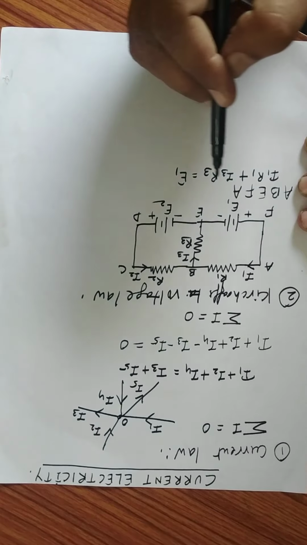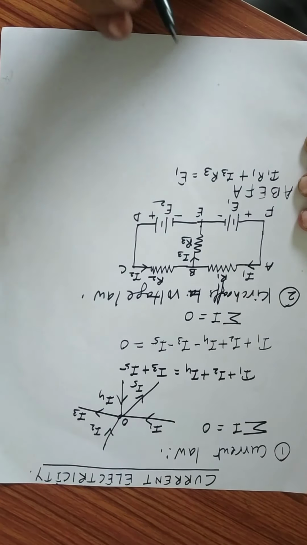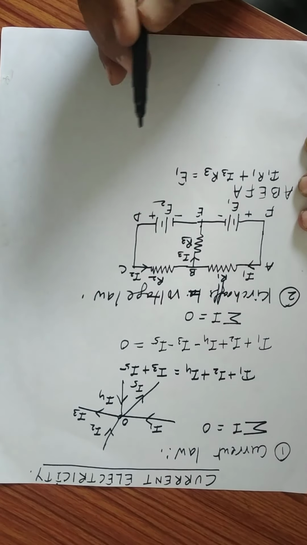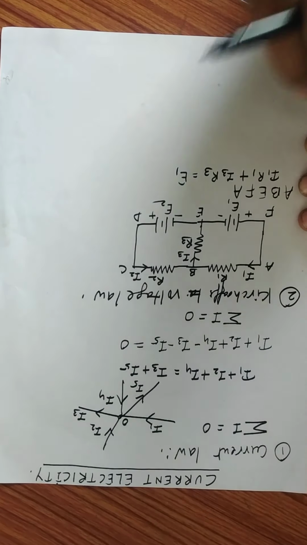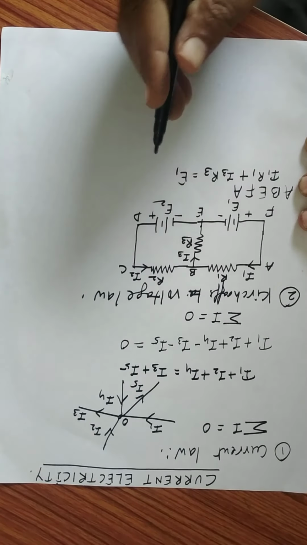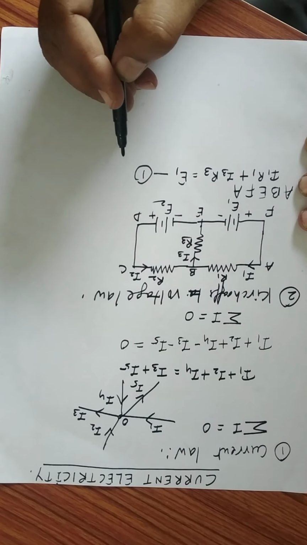Otherwise, if you are taking the loop from the negative terminal of the cell towards the positive terminal, then take the EMF as negative. So what I have told you is that if the direction of the loop and the direction of the current sent by the cell are the same, then take the EMF as positive. So this is the first equation we apply to the loop ABEFA.